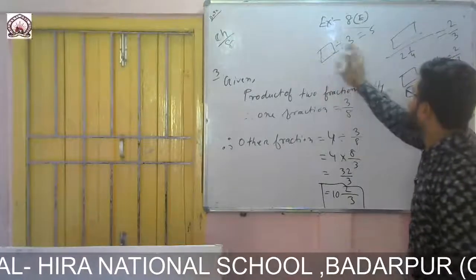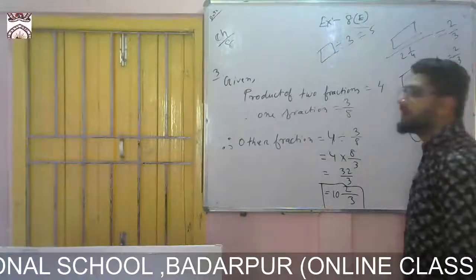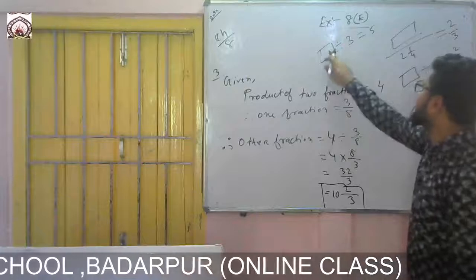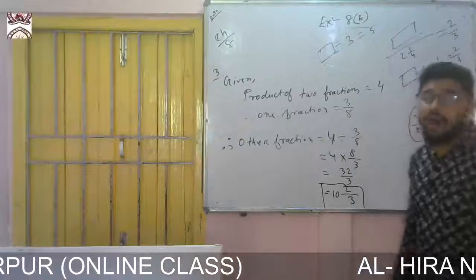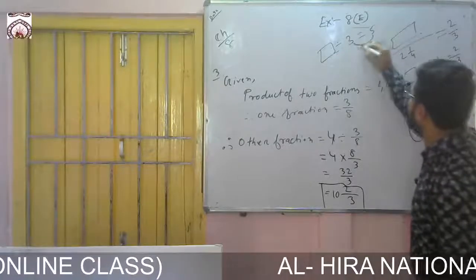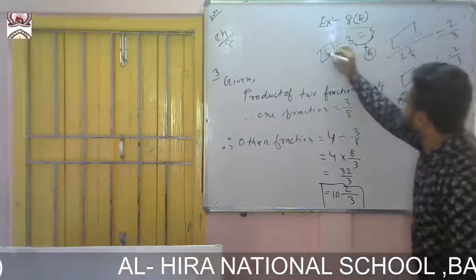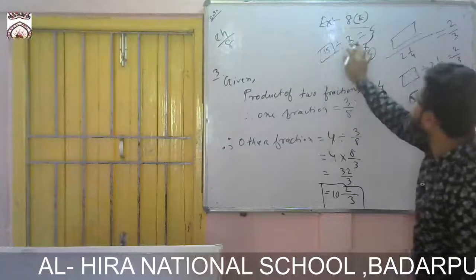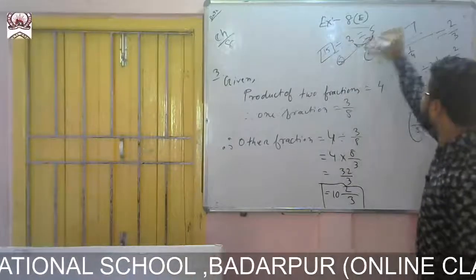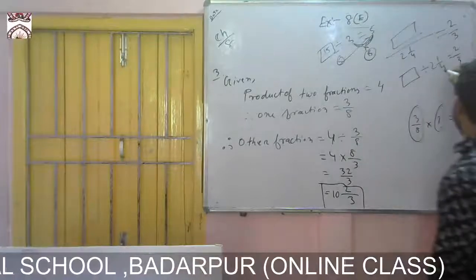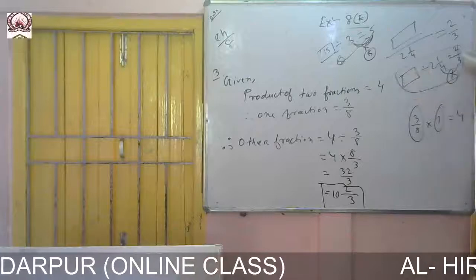What number should be there, if I divide by 3, so that I get 5 as the answer? It is 15, because 3 5s are 15. So how did you get it? If you multiply these two, 3 5s are 15. If I put 15 here, we are getting 5 as the answer. That means I need to multiply these two fractions in the question here.